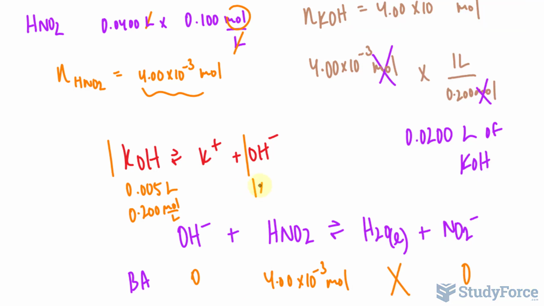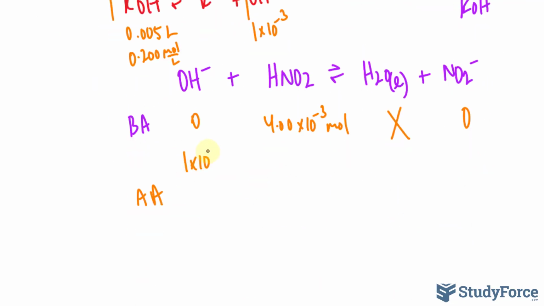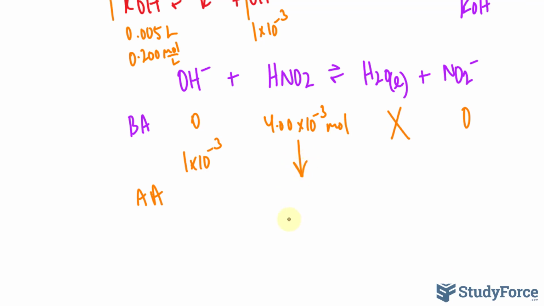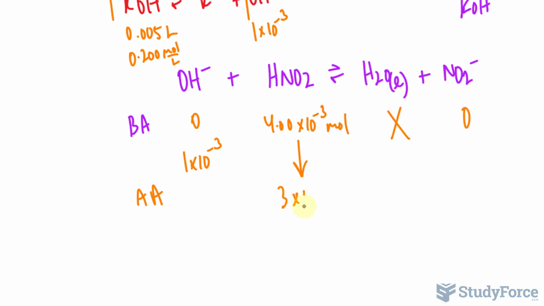So I'll write that down, 1 times 10 to the power of -3. So this is how much is being added. And as you add OH minus, the amount of acid goes down. Remember, we're titrating here. So I'll take this number, 10 to the power of -3, and subtract it from the answer we found earlier. And we're left with, after the addition, 3 times 10 to the power of -3 moles.